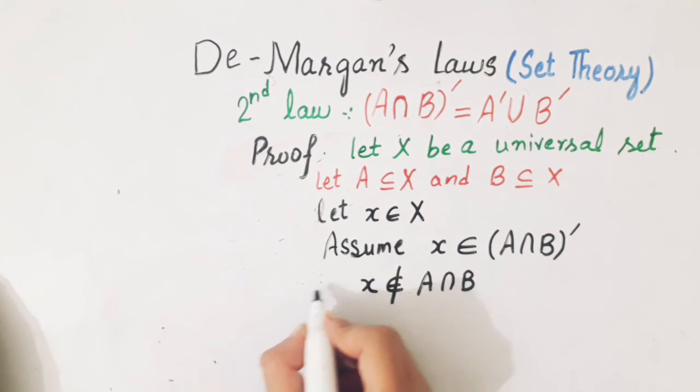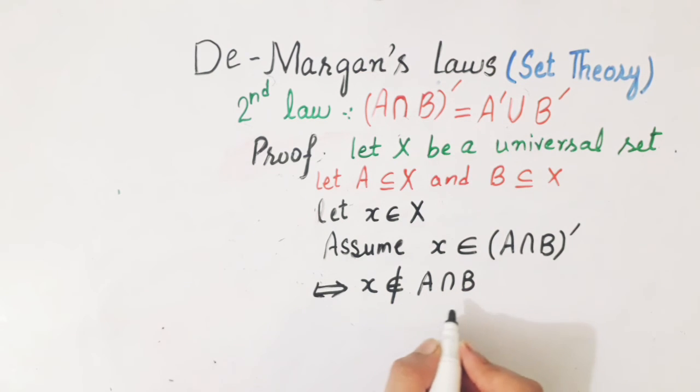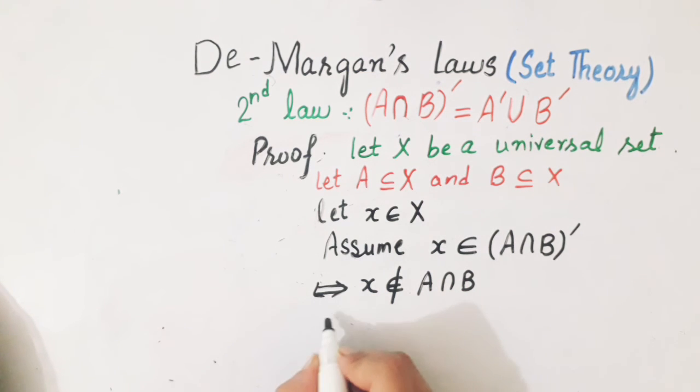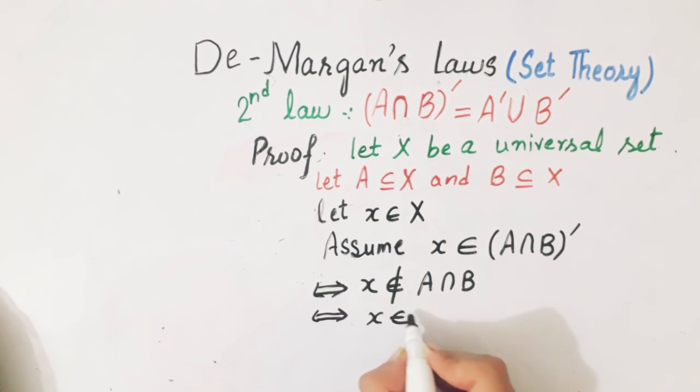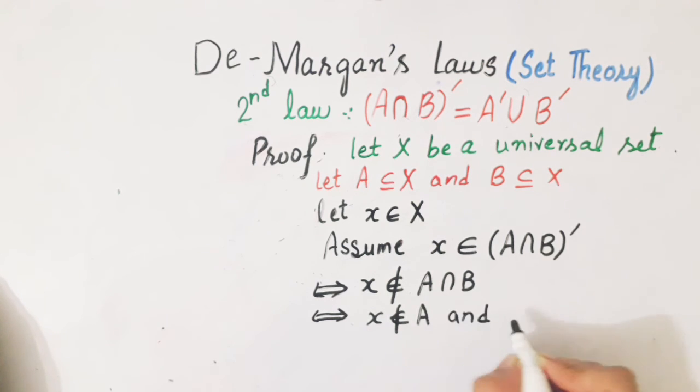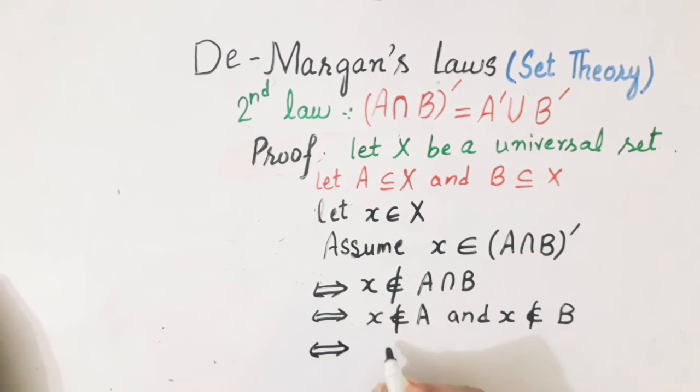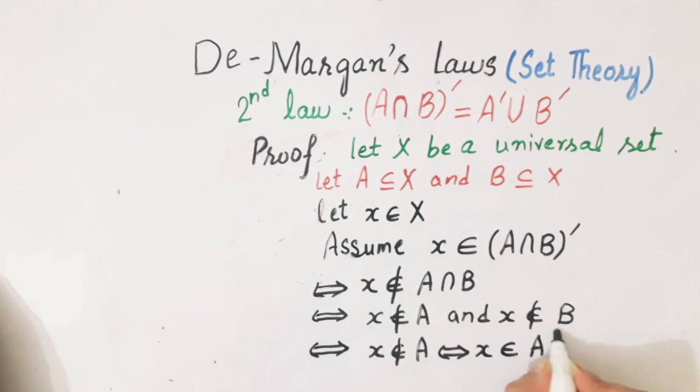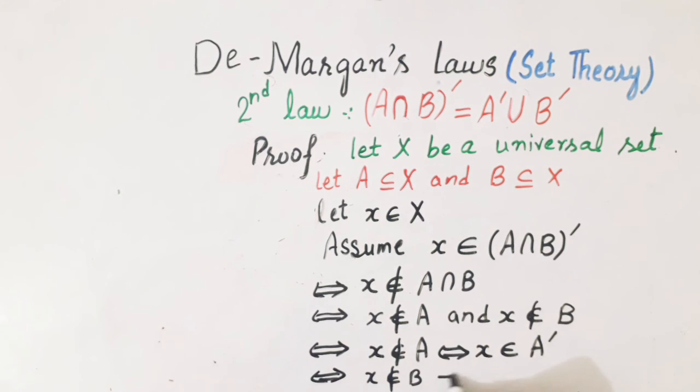By definition, both ways, this means x does not belong to A and x does not belong to B. So again, going back to the complement, x does not belong to A implies that x belongs to A complement, and x does not belong to B, both ways, means x belongs to B complement.